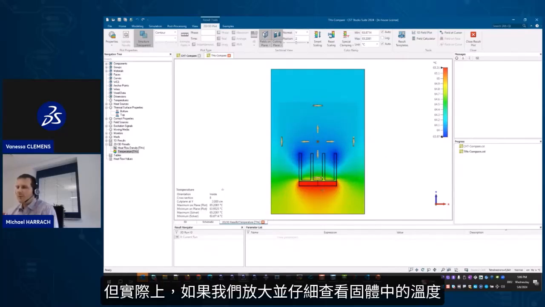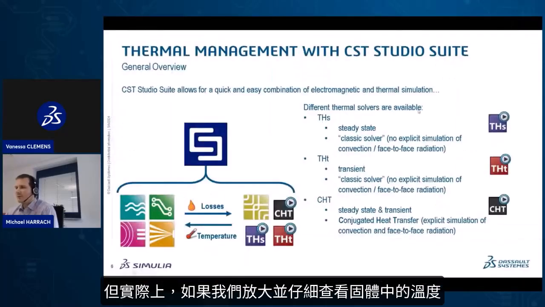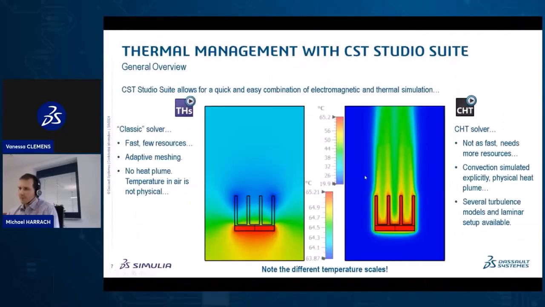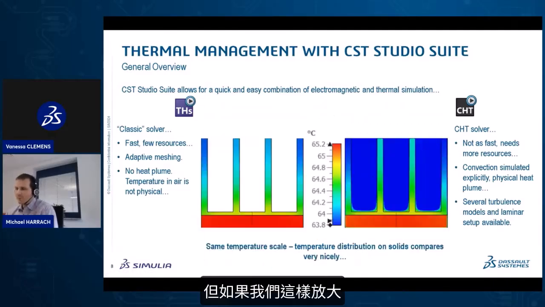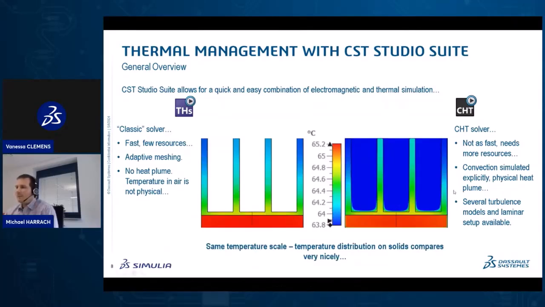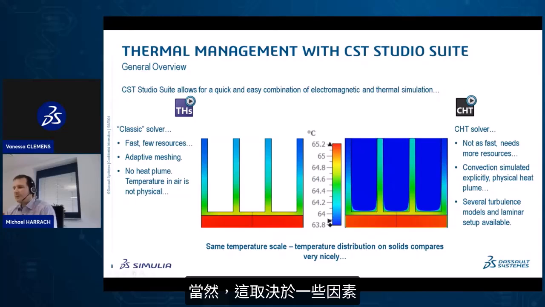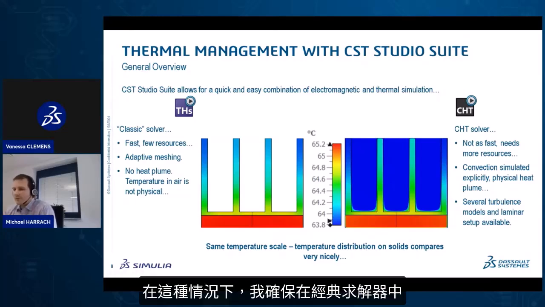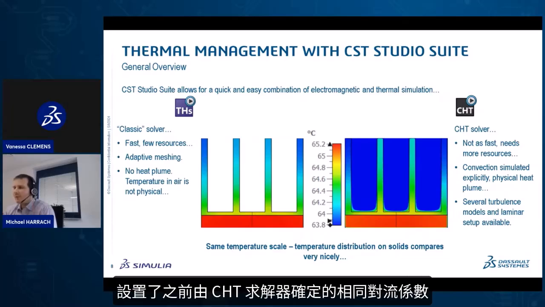But actually, if we zoom in and take a closer look at the temperatures that we have in the solid itself, okay, here it still looks a bit different. But if we zoom in like this, we can see it's pretty much the same temperature. Of course, this depends a bit. So in this case, I made sure to set the same convection coefficients in the classic that were beforehand determined by the CHT solver.